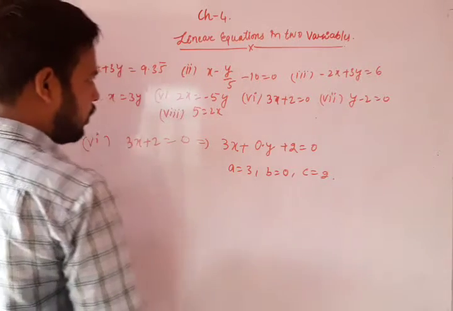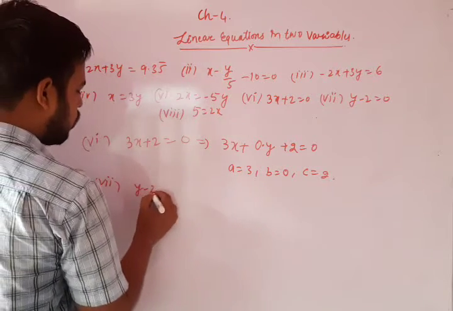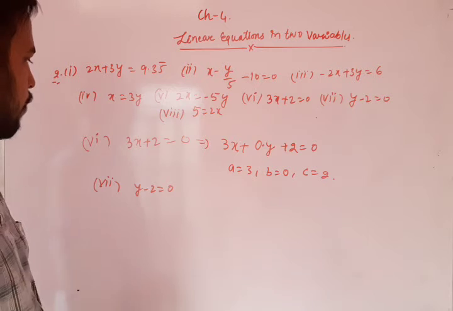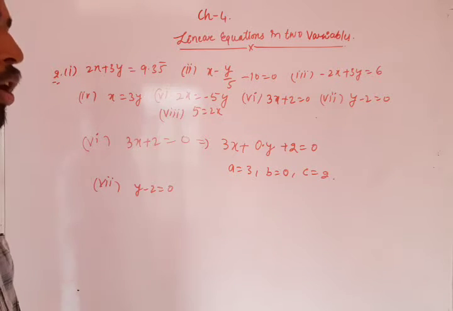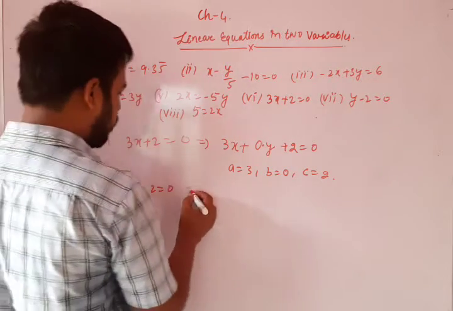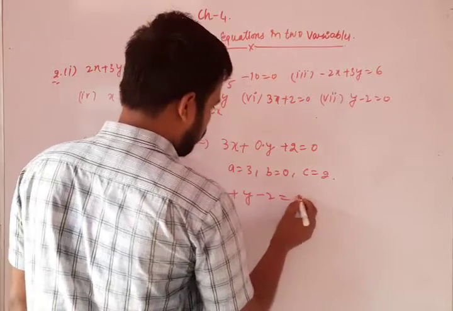Now question number 7. y minus 2 equals 0. Again in this question the x variable is missing. So what will we do? We will multiply x by 0 and write 0x plus y minus 2 equals 0.